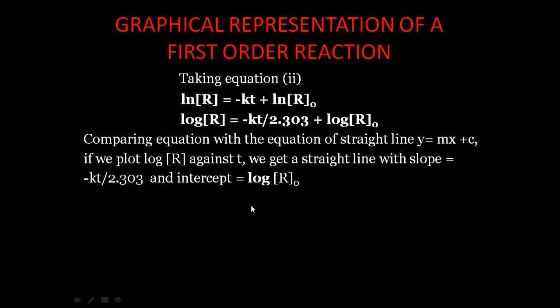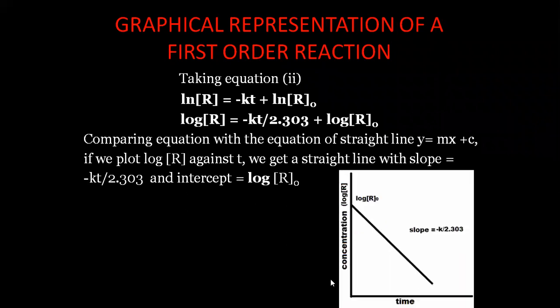What you will be getting is this: time on one axis and log of concentration on the other. Since the slope is negative, it will again slope downwards. What is this intercept? Log r naught. Again it is telling the very same thing.